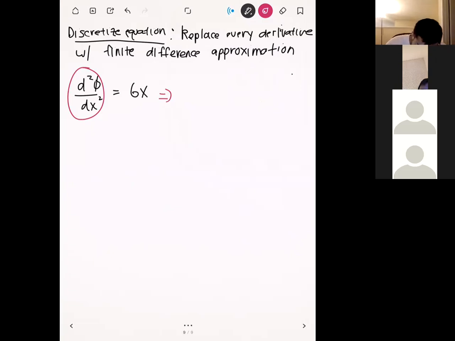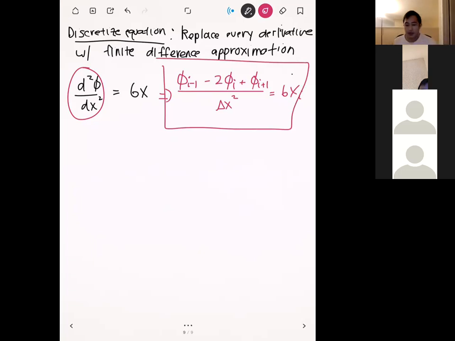We get the following. And so by replacing that derivative with a finite difference, now we've essentially eliminated the derivative here, and now what we have is an algebraic expression.